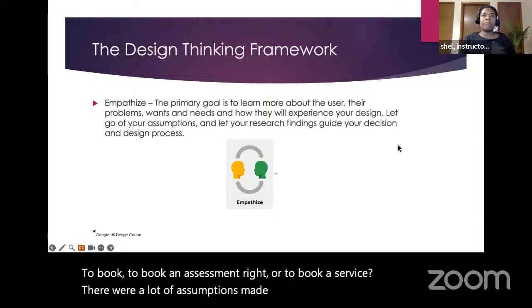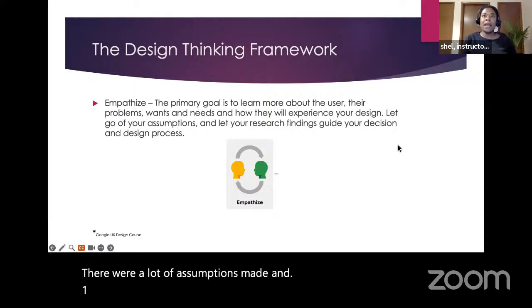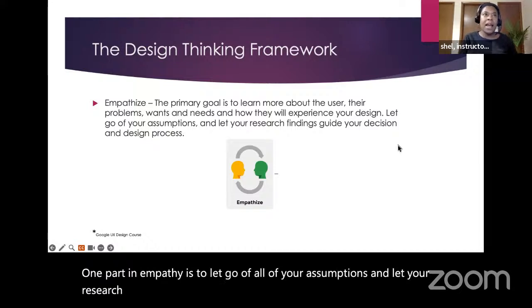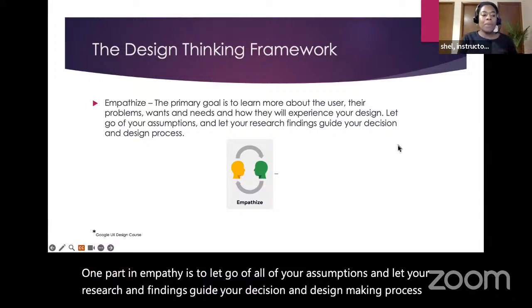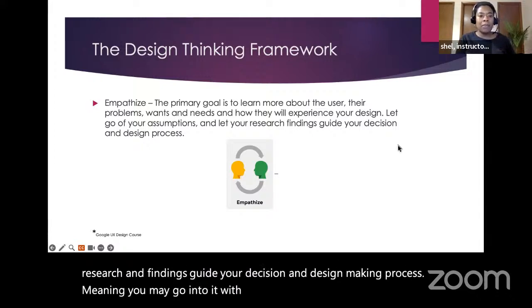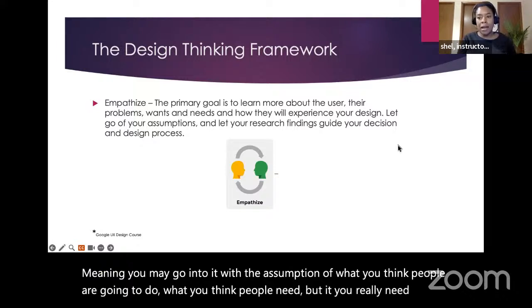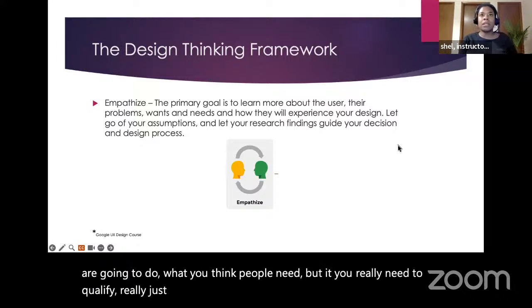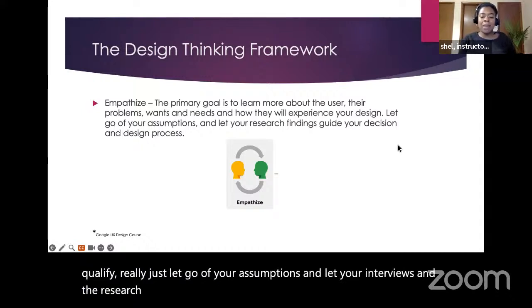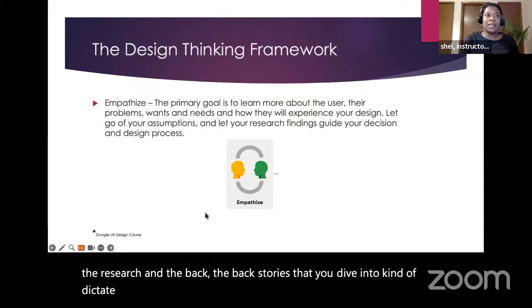One part of empathy is to let go of all of your assumptions and let your research and findings guide your decision and design making process. Meaning, you may go into it with an assumption of what you think people are going to do, what you think people need, but you really need to let go of your assumptions and let your interviews, the research, and the backstories that you dive into dictate what the user needs or wants.